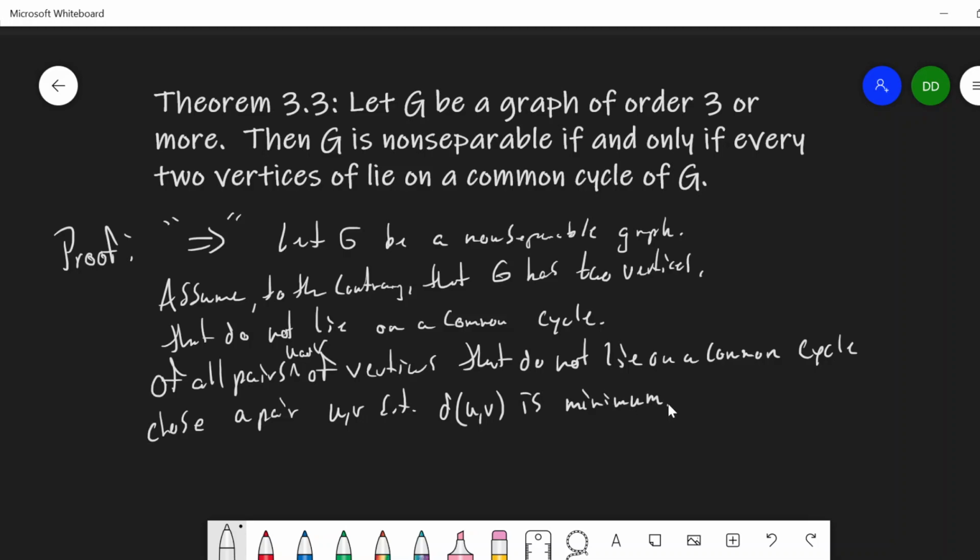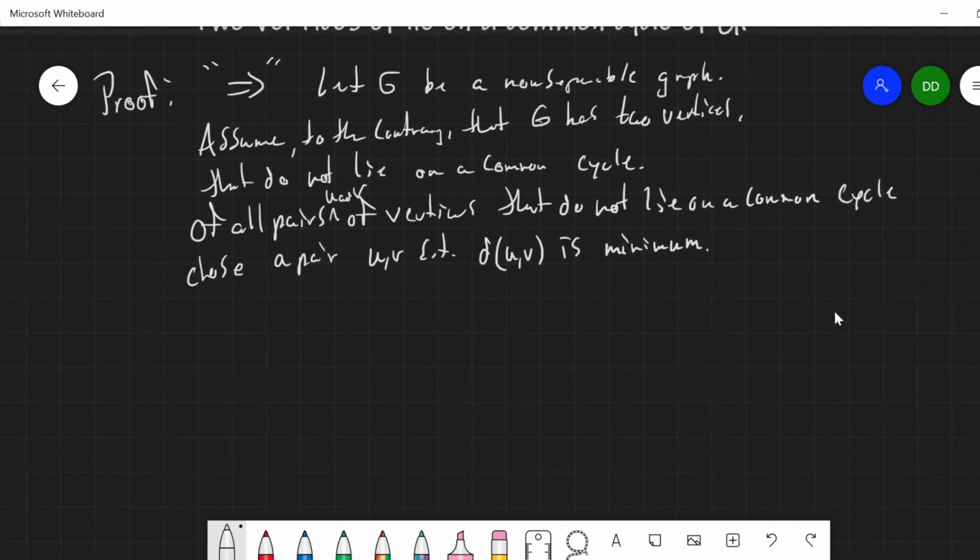So I've plucked out a pair such that their distance is the smallest possible of all pairs that do not lie on a common cycle. That means if I find 2 vertices whose distance is less than the distance from U to V, I know they lie on a common cycle.